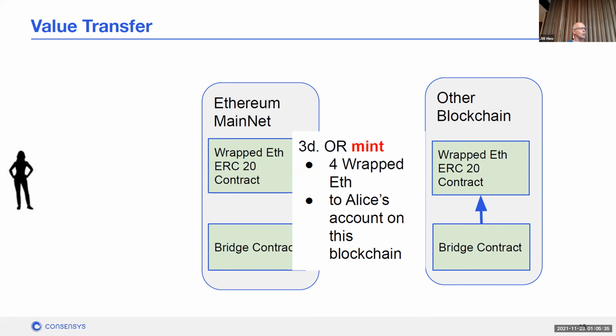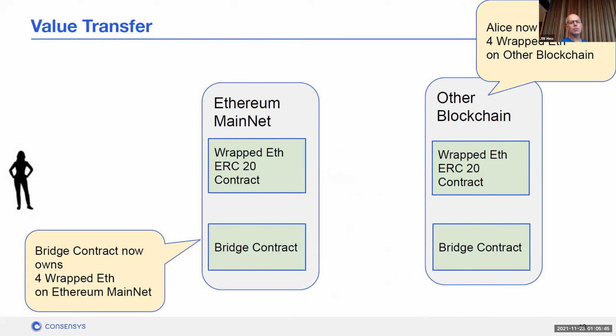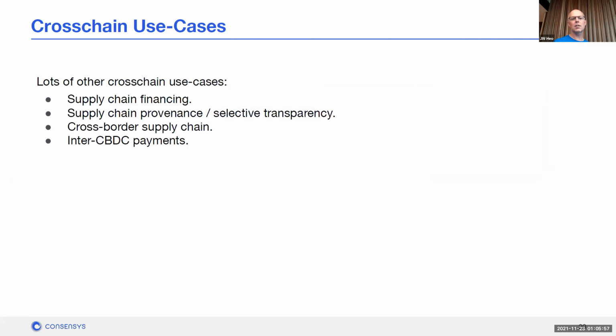So maybe there is no value stored on that chain in the bridge account, and so the bridge just mints new value. That's another way of doing things. And so at the end of all of that, the bridge now has 4 more ETH on mainnet, and Alice has 4 wrapped ETH on that other chain. So you've shipped coins across.